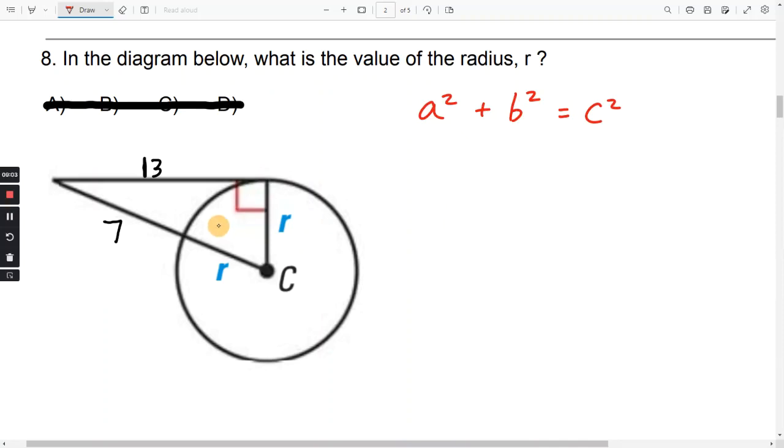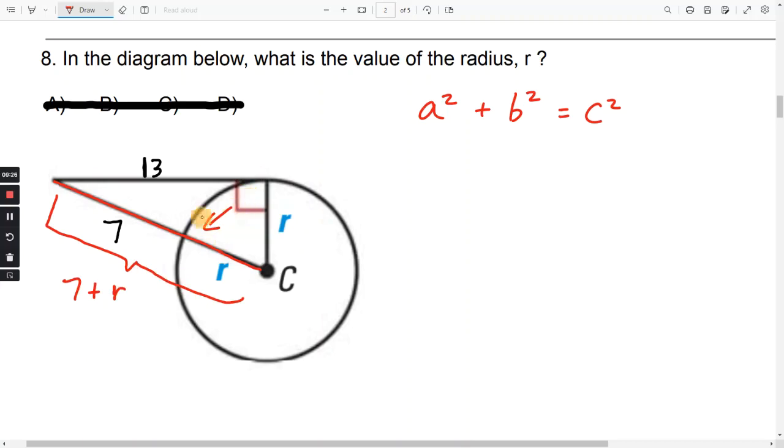Okay, c is always the hypotenuse across from your right angle, but that's going to be this entire side length. So the length of that side, we're going to have to add 7 plus r. Okay, so that side length is actually 7 plus r.